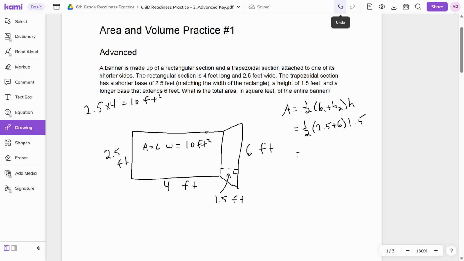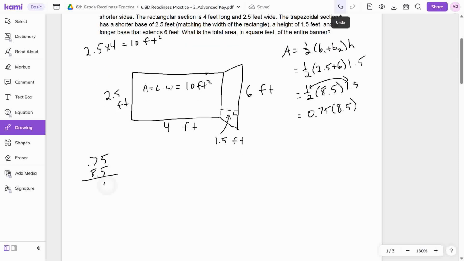So I'm going to say 1/2 of 8.5 times 1.5. I can go ahead and multiply those two in my head. So that's just going to be 0.75 times 8.5. So let's do a little multiplication there. So 0.75 times 8.5, and that is going to get me 63.75.